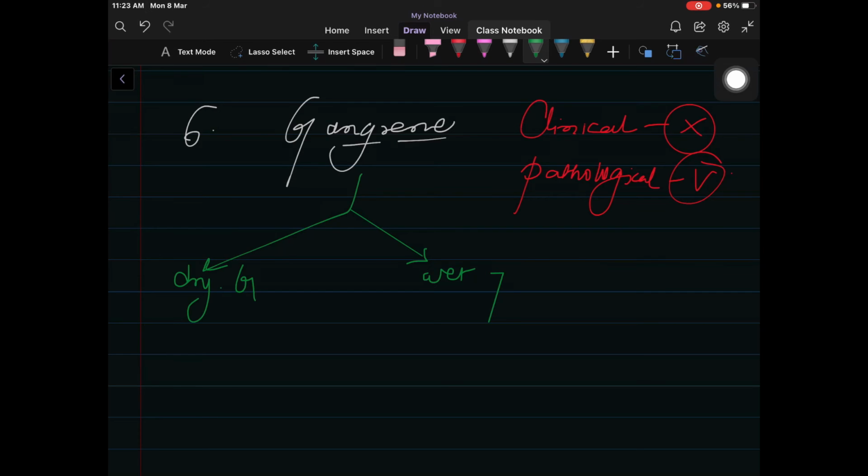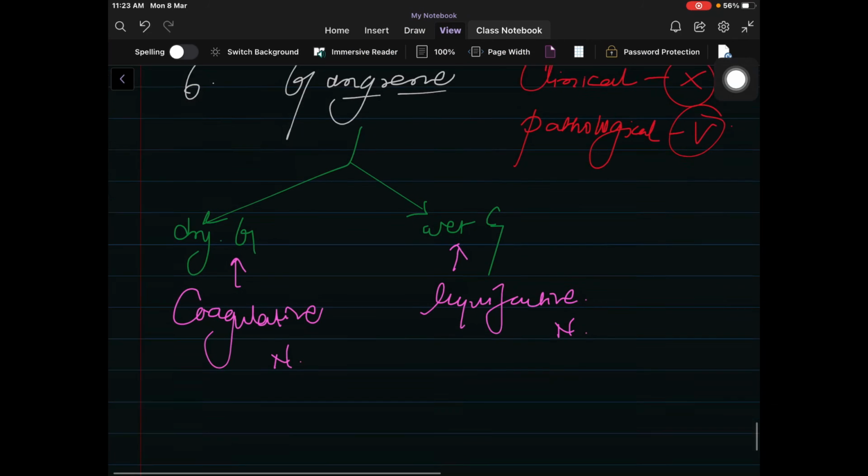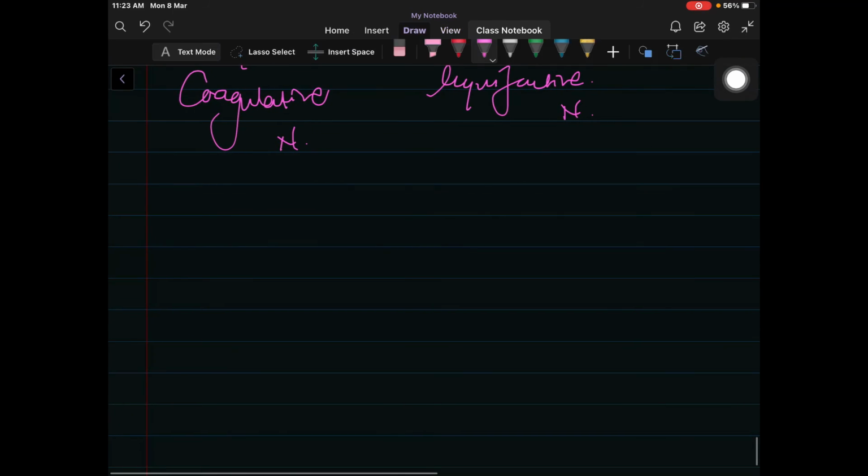Here the dry gangrene is due to coagulative necrosis, whereas the wet gangrene is due to liquefactive necrosis. Let me give you an example of dry gangrene.